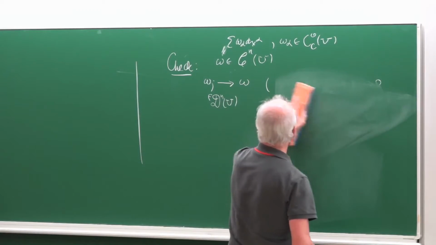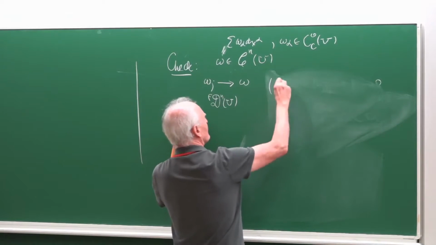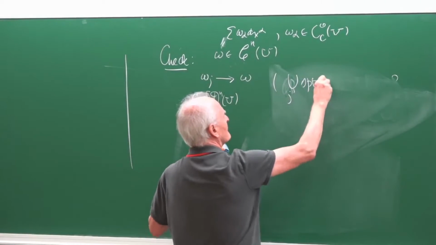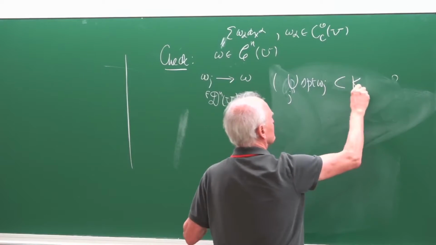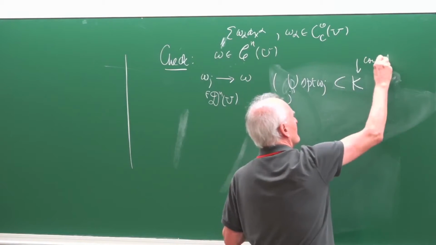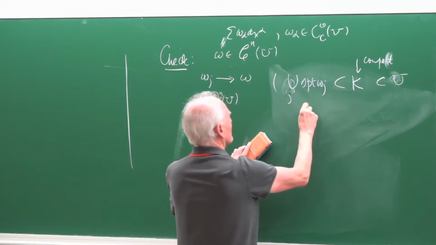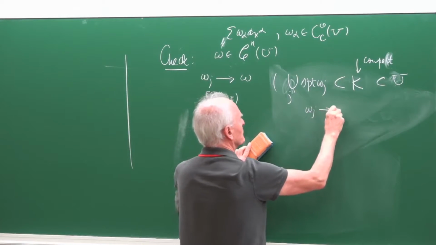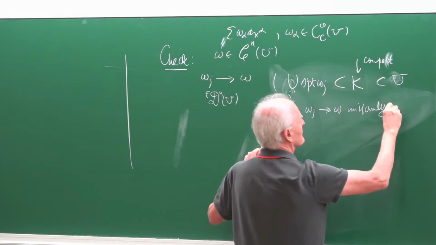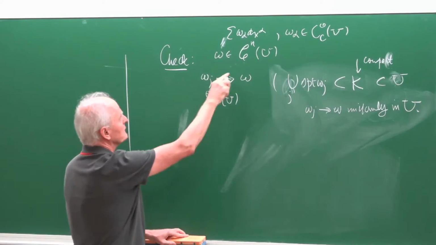So all of the supports of omega_j are contained in a fixed compact set K contained in U, and omega_j tends to omega uniformly in U. So that's what we mean by convergence in this space.